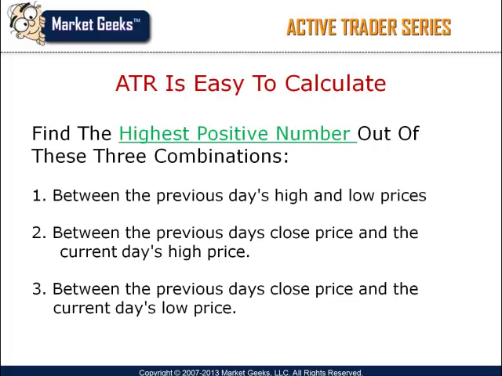Contrary to several technical indicators, the ATR is extremely easy to calculate and just as easy to use. The ATR simply calculates the maximum values of the following three differences: between the previous day's high and low prices, between the previous day's close price and the current day's high price, between the previous day's close price and the current day's low price.